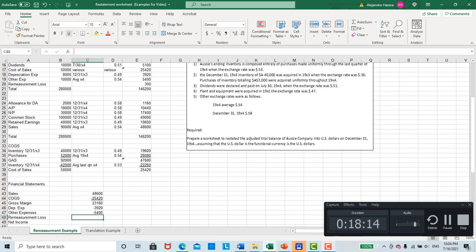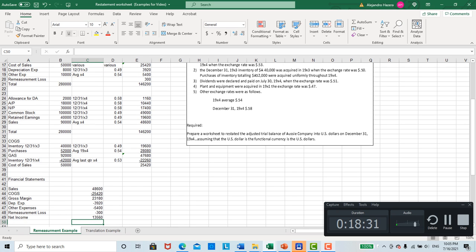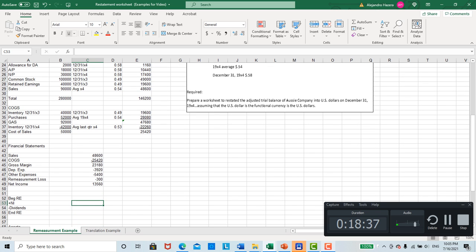Then your remeasurement loss. I want to emphasize that in this case your remeasurement loss is so small, and it applies to this year and goes to income. So our net income is 23,180 plus those negatives plus your small remeasurement loss. Your final income is 13,560. Now we can bring that down to our statement of retained earnings.